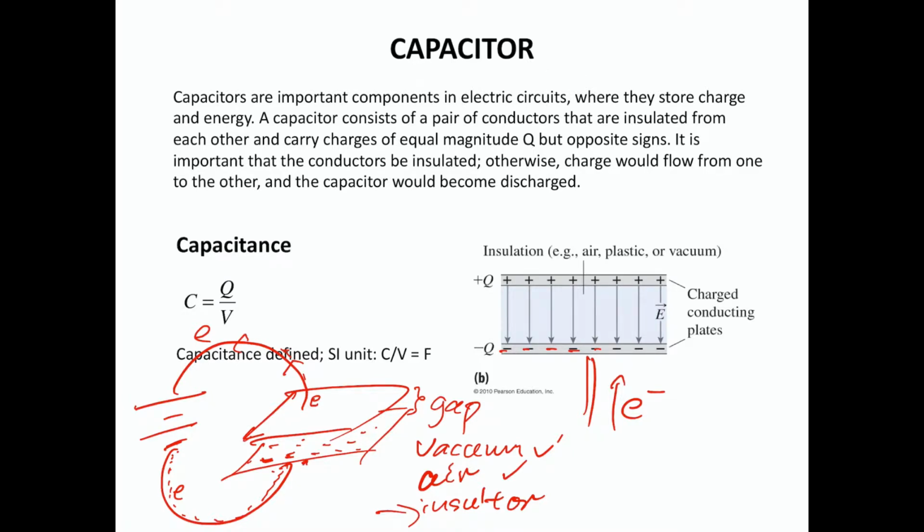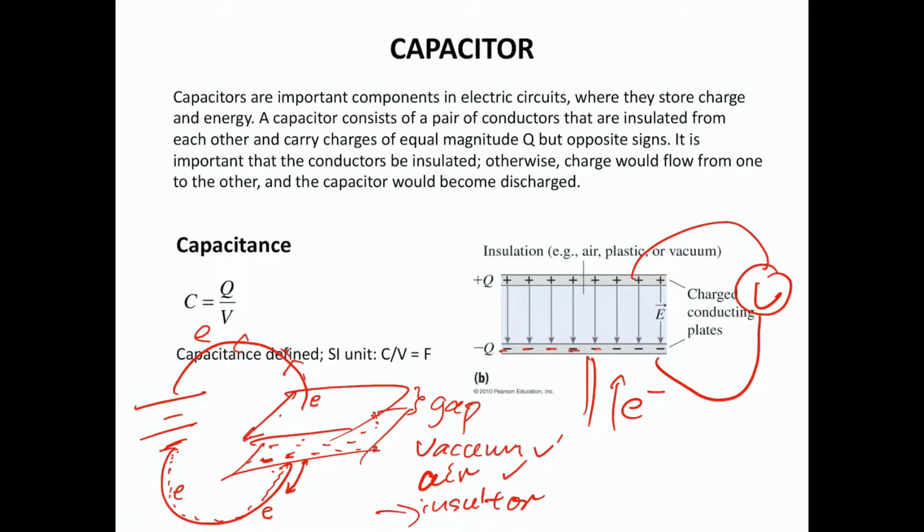This voltage will oppose further electrons coming. It means eventually you will build up a voltage across the plates, and this voltage will be opposite to the external source.